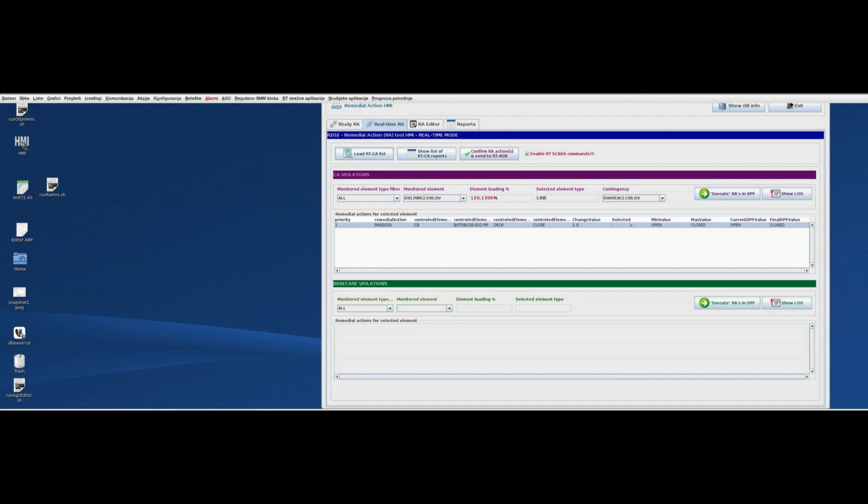So that is exactly what has happened. The only one contingency that is left is under 10%, so that is desirable, and there are no base case violations.